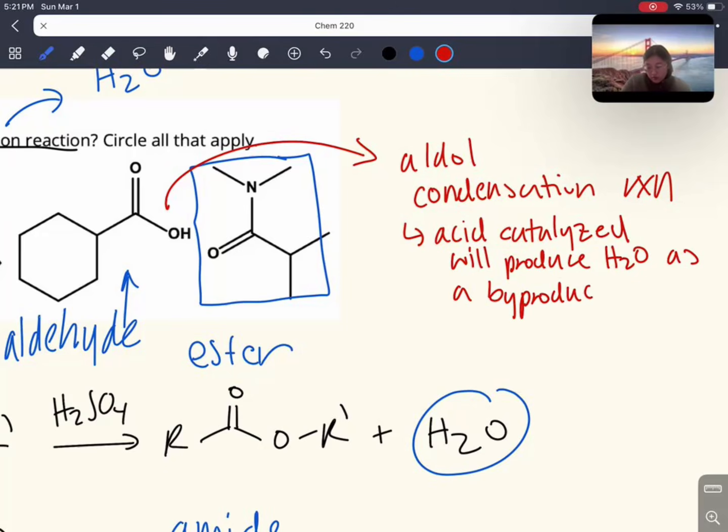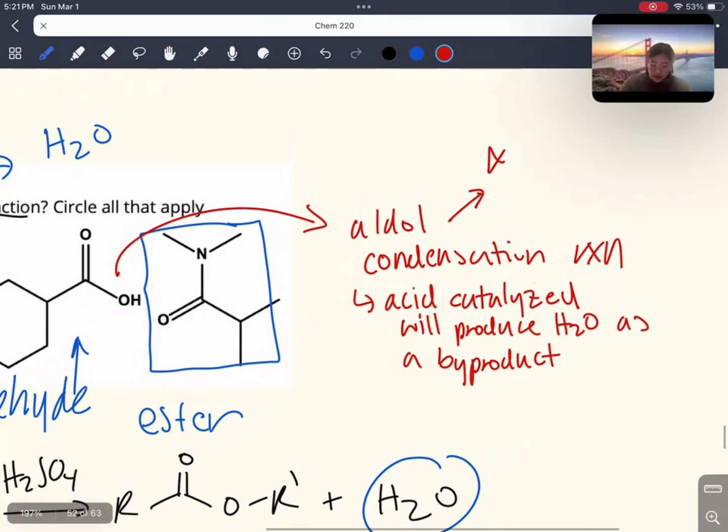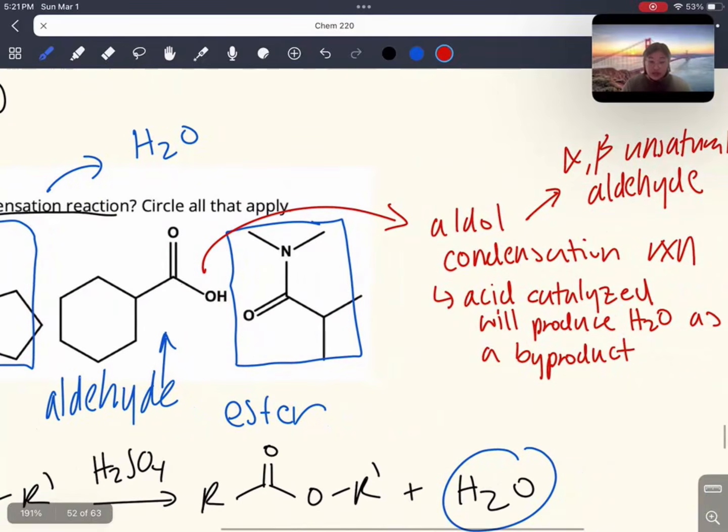But the unique thing about aldol condensation reactions is that it requires you to have an alpha-beta unsaturated aldehyde. What does this mean? That means that wherever your aldehyde is formed, on the beta carbon there needs to be a double bond.